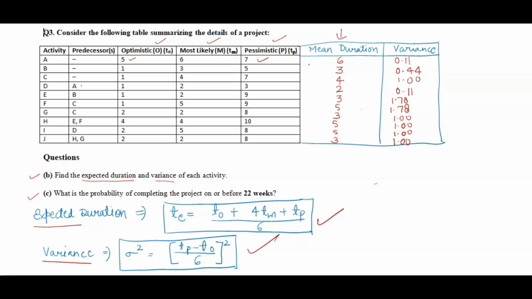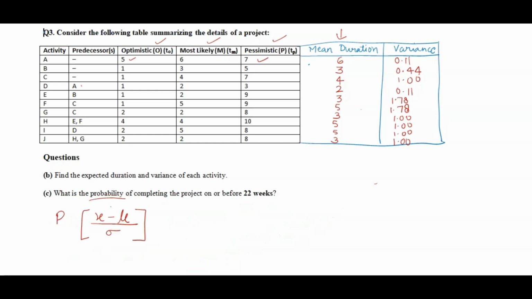With this, the second part is completed. We have calculated the expected duration and variance. Now the next thing is we have to find the probability. For that I'll write the probability formula here.